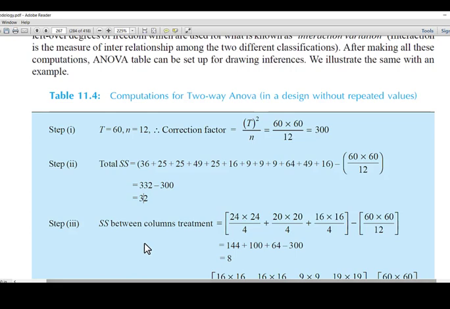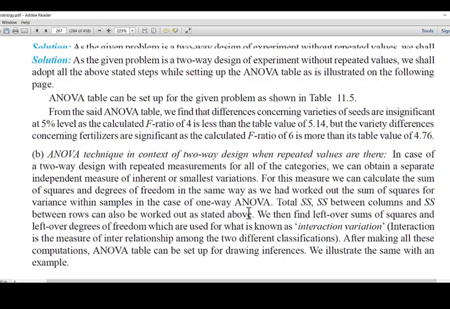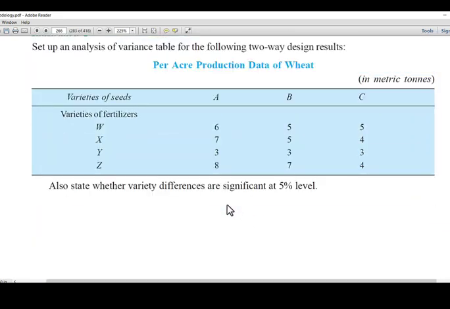Now SS between columns of treatment. How have they obtained this here? How is this 24? You make the summation of this column: 6 plus 7 plus 3 plus 8. This is 24. So 24 square divided by the number, total is 4. And then here 5 plus 5 plus 3 plus 7, 20.